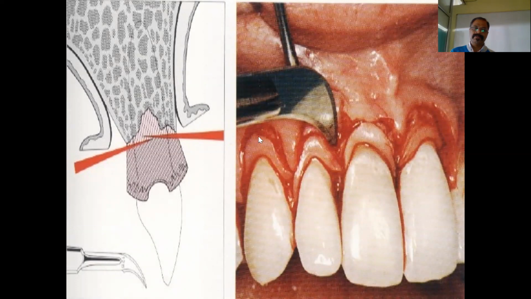The first incision was given here, the second incision was here, so the third incision basically is this. This removes the collar of infected or pathologic tissues. This is called the interdental incision, basically given with an Orban's gingivectomy knife.